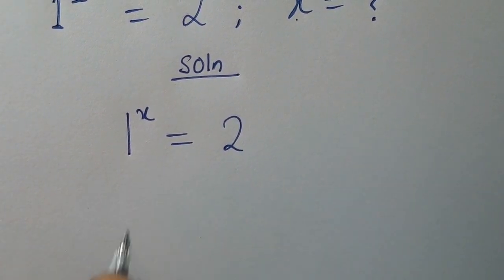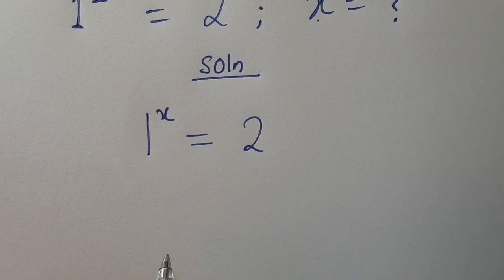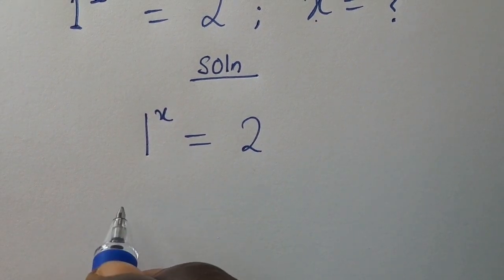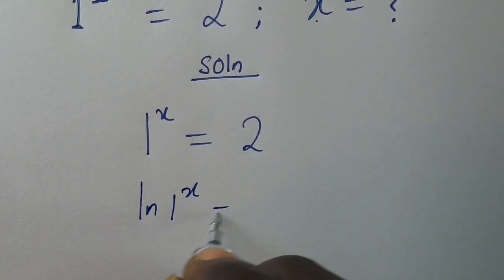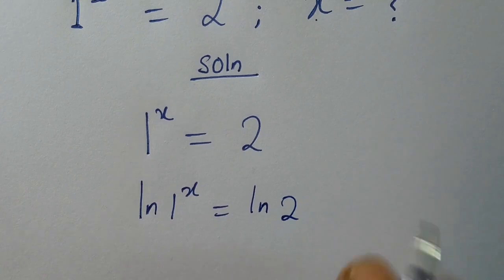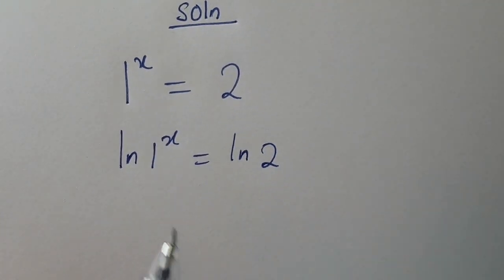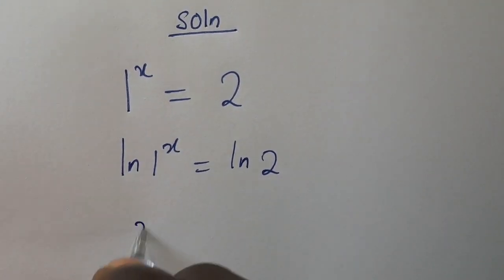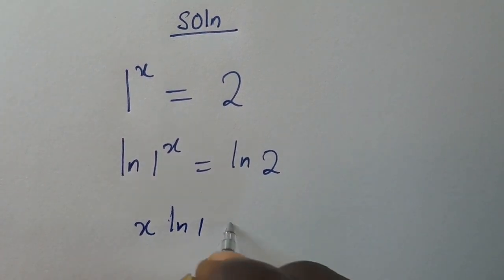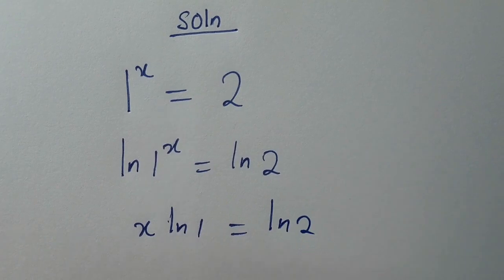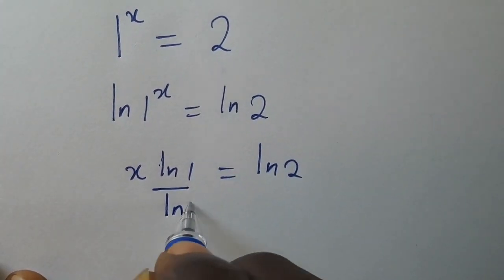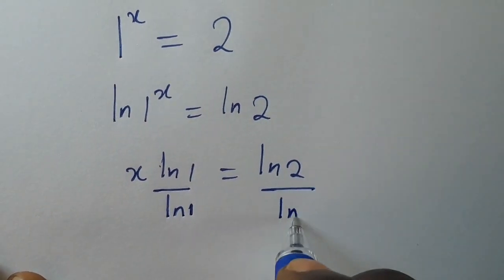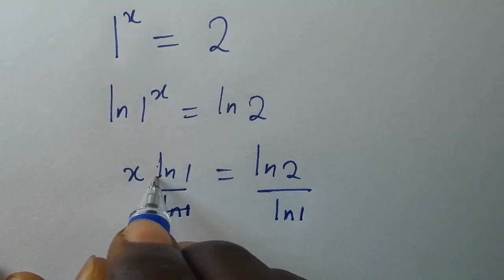Now, before that, let's introduce natural log to both sides. When we introduce natural log to both sides, we have ln of 1 to the power of x equals ln of 2. So from here, we have x ln of 1 equals ln of 2. Now, by dividing through by ln of 1, this will cancel this.